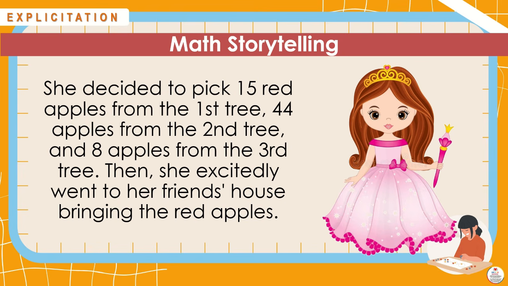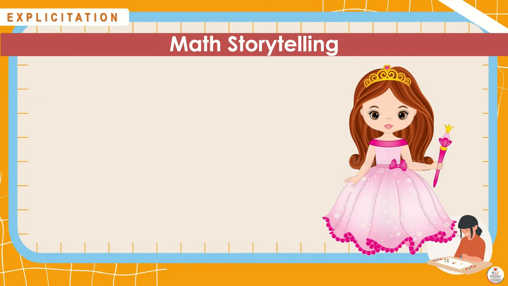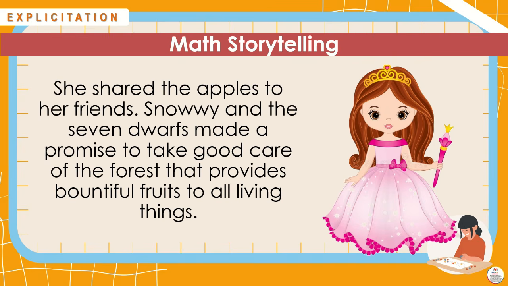She decided to pick 15 red apples from the first tree, 44 apples from the second tree, and 8 apples from the third tree. Then, she excitedly went to her friend's house, bringing the red apples. She shared the apples to her friends.